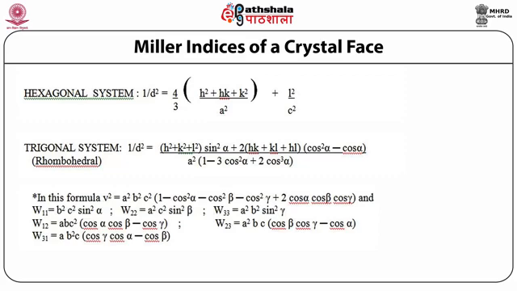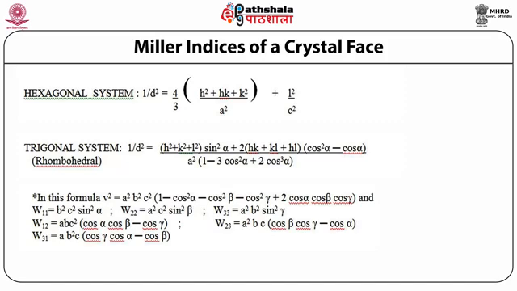In this formula, V squared is given by a squared b squared c squared into 1 minus cos squared alpha minus cos squared beta minus cos squared gamma plus twice cos alpha cos beta cos gamma, and W11 that we have used for the triclinic system is equal to b squared c squared sine squared alpha.